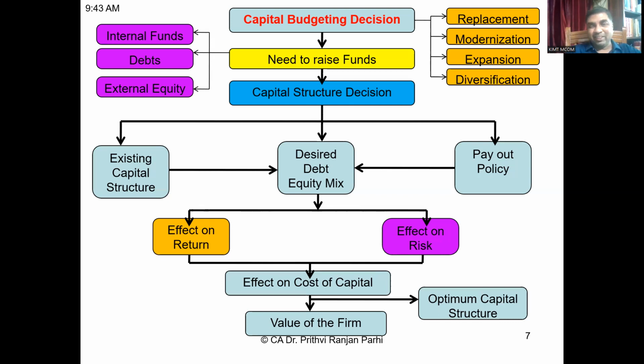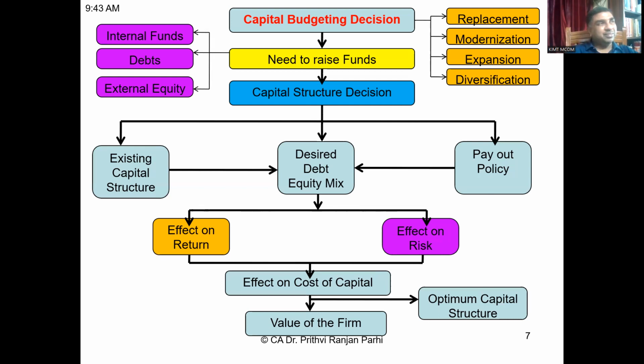If I'm taking 40,000 debt, then I have to pay interest on it. So that interest will affect my profit, that is my return. And it has an effect on my risk. Let us say 40,000 debt I have taken at the rate of 10%. That means each year I have to pay 4,000. If my profit is not 4,000, how can I pay? So this is the risk.